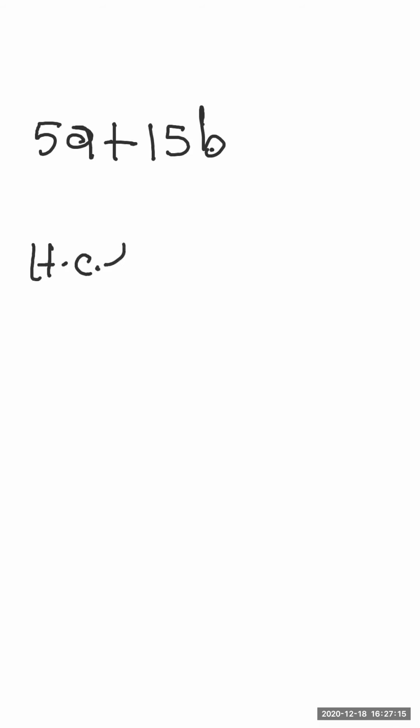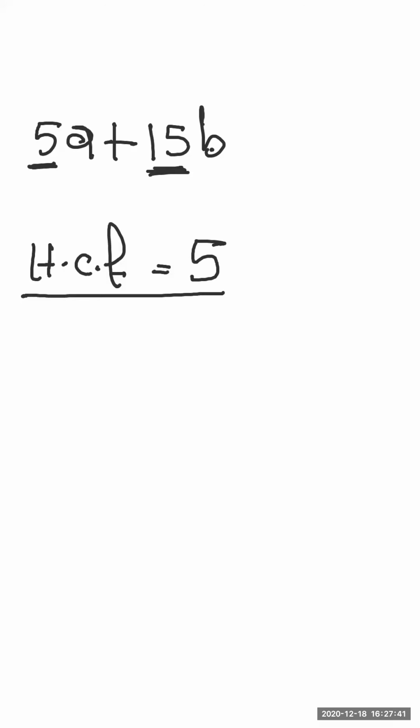HCF equals here 5 and 15. What is the highest or the greatest number which can divide these two numbers? 5 and 15 means 5. A and B, do we have a common factor here? No, because they are totally different. So the highest common factor equals 5.